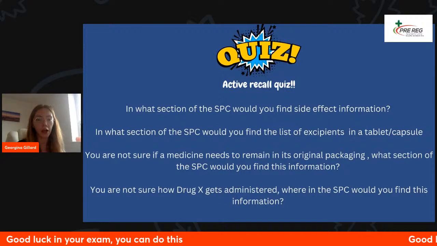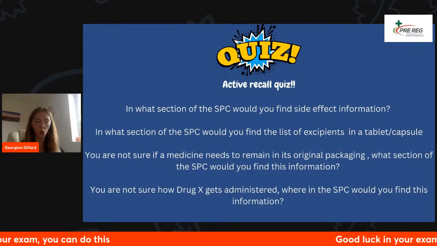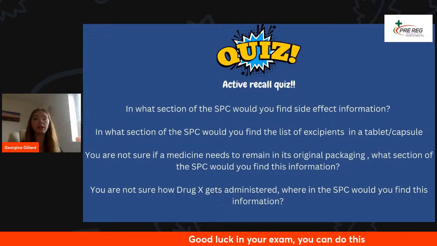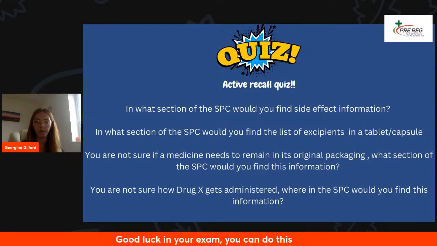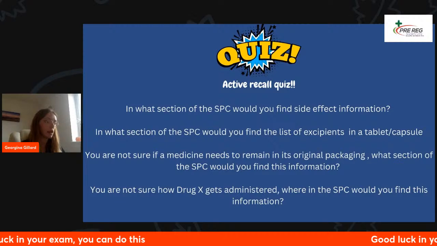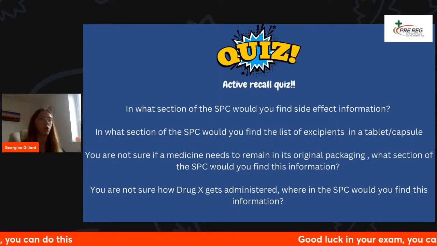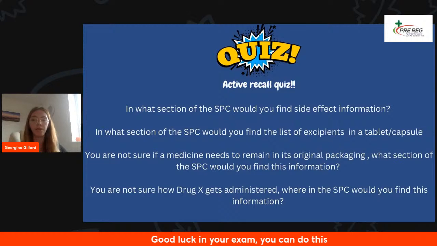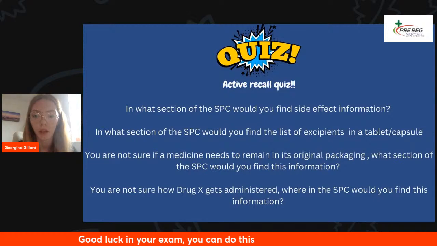Okay, so let's do a little bit of a recall quiz. In what section of the SPC would you find side effect information? If the GPhC exam asked you which one of the following side effects is a common, uncommon or rare side effect, where would you find this information?